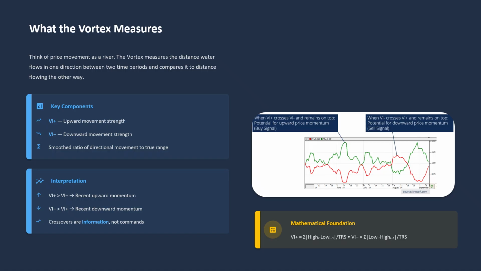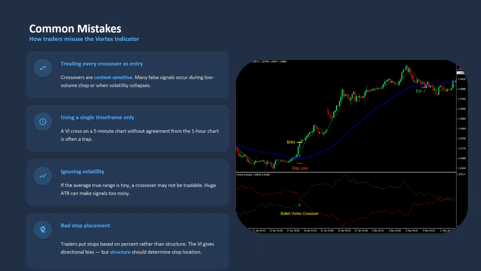Why this matters? Unlike plain moving averages that smooth price, the VI relates directional distance to overall range, which helps in markets where swings are meaningful, but choppy noise abounds. Common mistakes: treating every crossover as an entry. Crossovers are context sensitive. Many false signals occur during low volume chop or when volatility collapses. Using a single time frame only: a VI cross on a 5-minute chart without agreement from the 1-hour chart is often a trap.